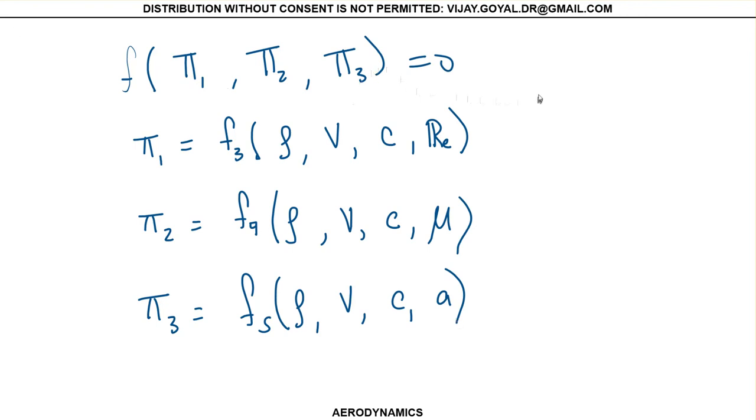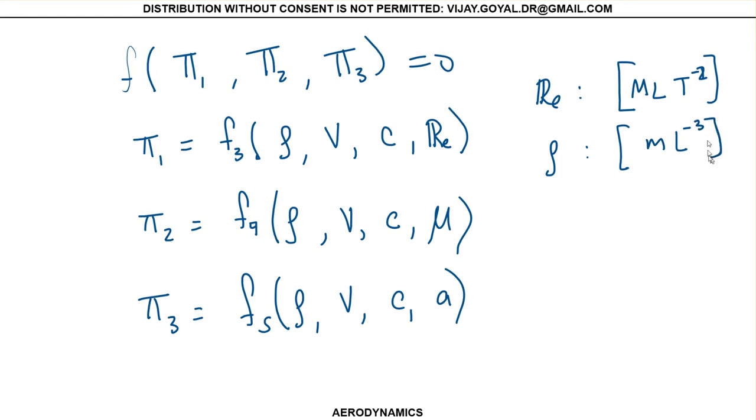So what we know is the following. The dimensions of the Reynolds number are m, l, t minus 2. Rho's dimensions are m, l minus 3. The V dimension is l, t minus 1. The c dimension is l.